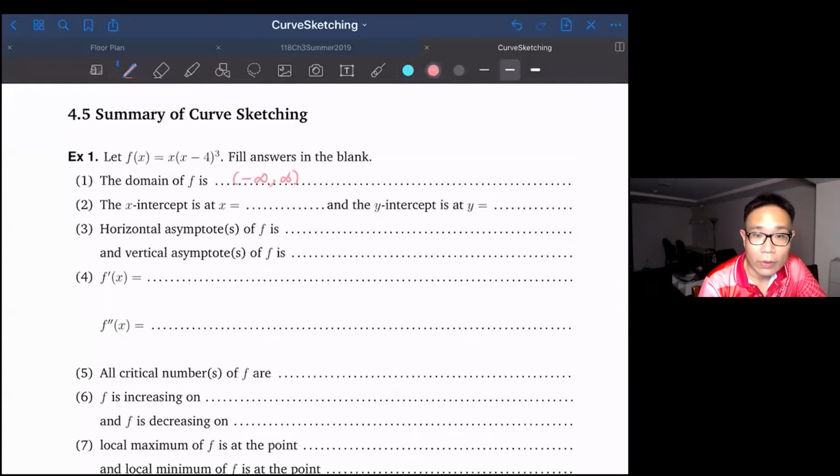And you're going to find the x-intercept and y-intercept. In order to find the x-intercept, you put y equal to 0. So 0 equals x times (x minus 4) to the third, and you get x equal to 0 and 4.